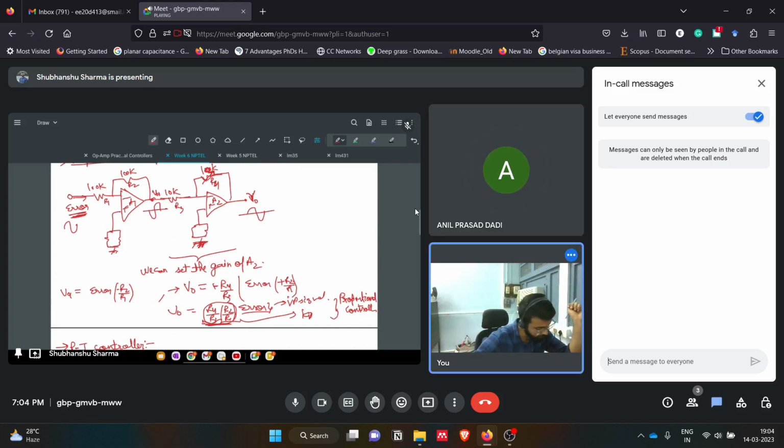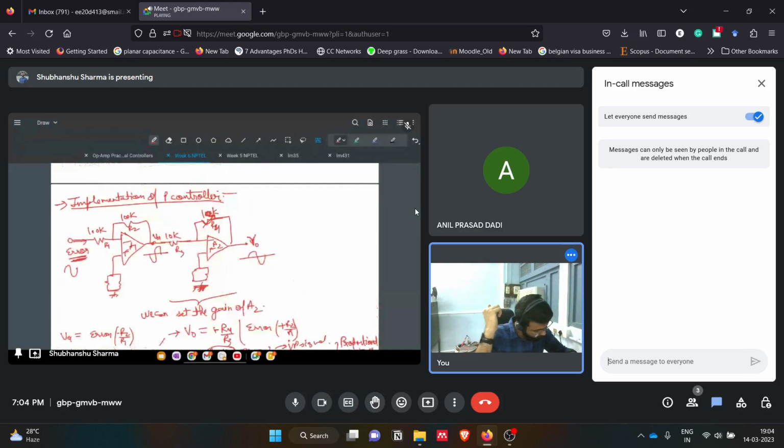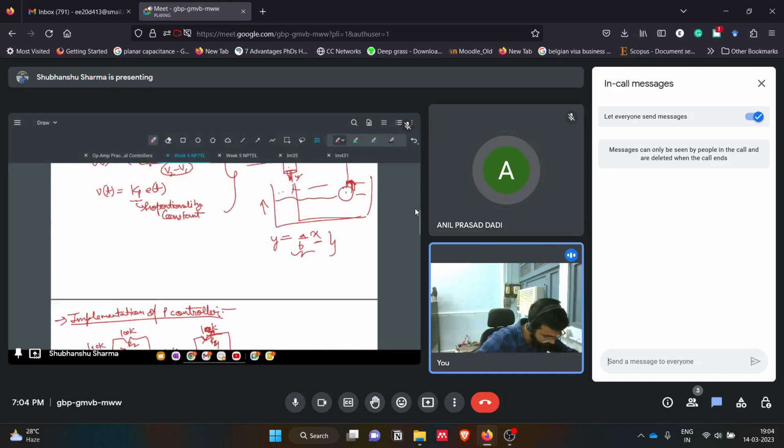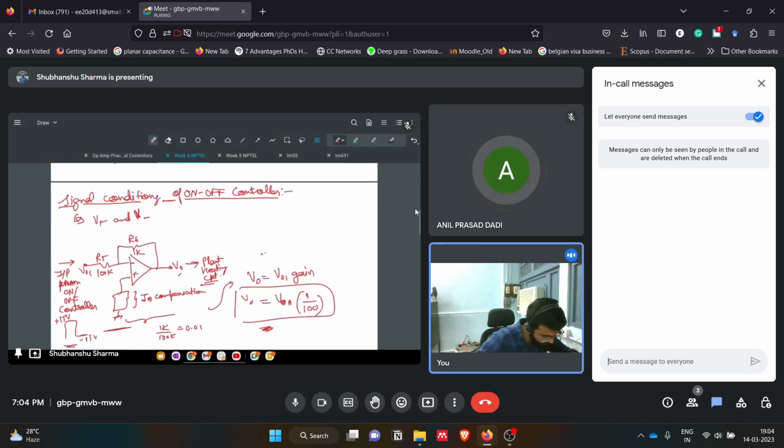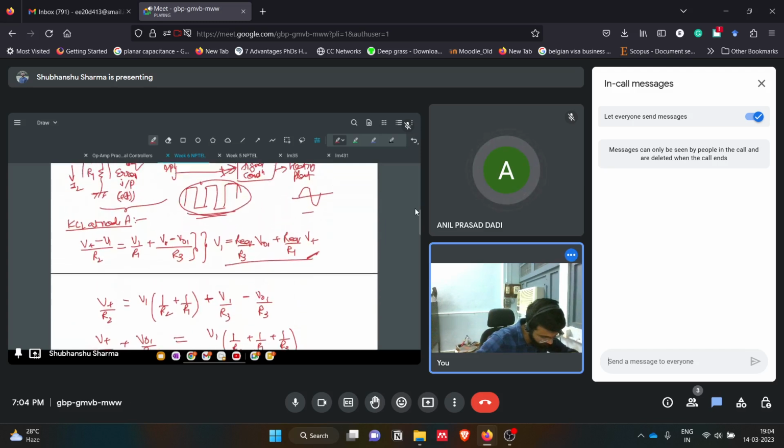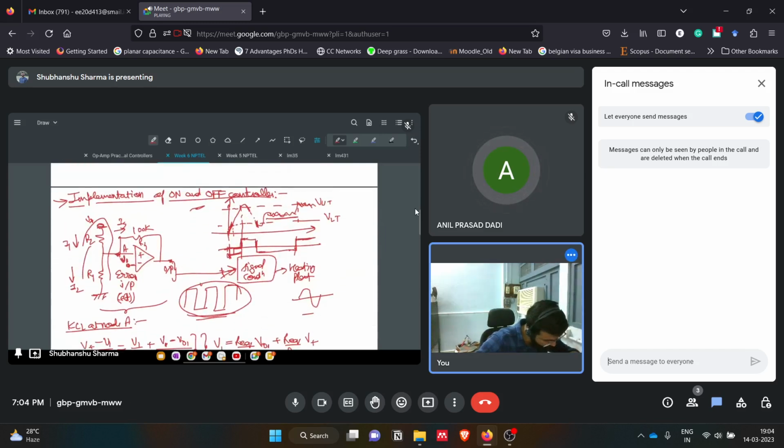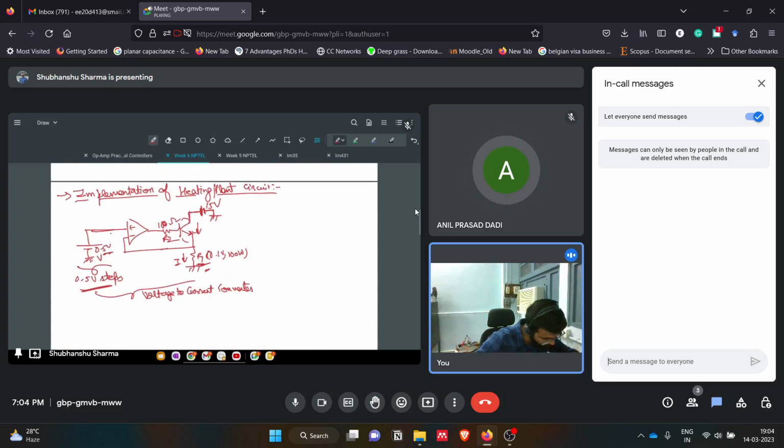Okay, so I think we are giving this signal to the plant circuit. Okay, and the plant circuit is having... So basically, this controller signal is being given to the implementation, that is the plant circuit.